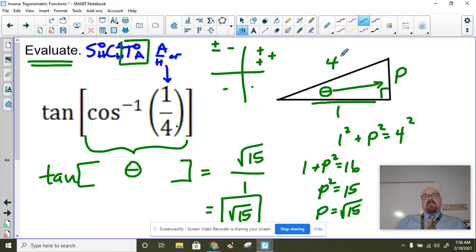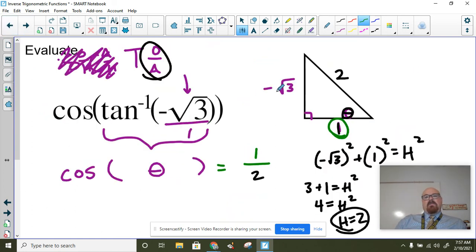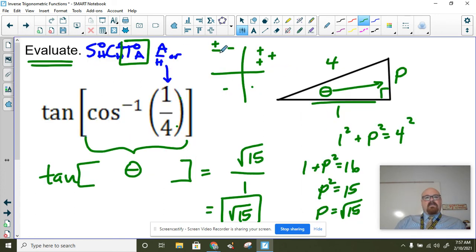The hypotenuse won't be negative, but one of these sides could be. We did that in this problem, when this was negative, we said I'm going to label this as negative radical 3, because that's the negative value in this problem. So there are ways that we got to see that relationship between a positive and negative side length.